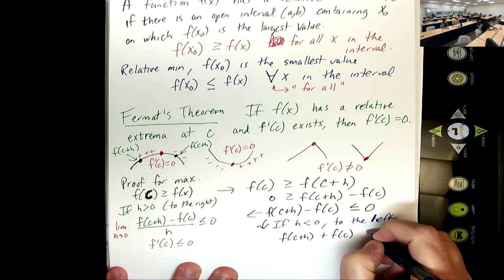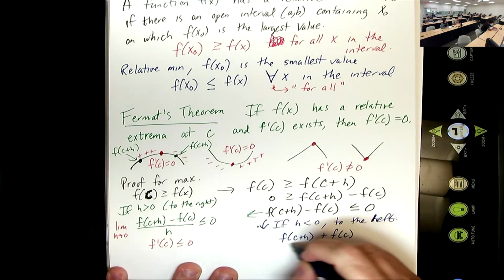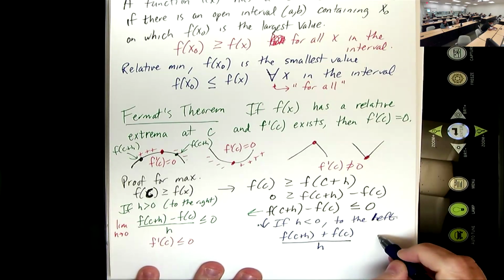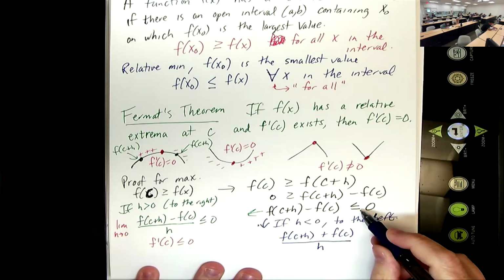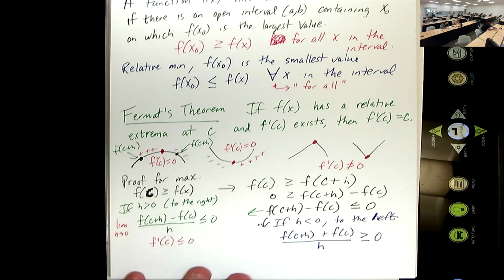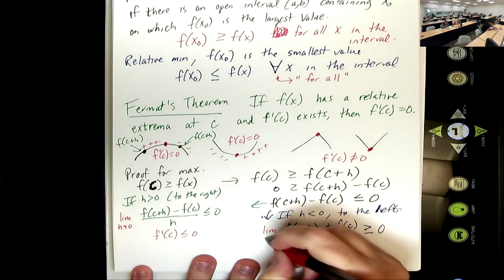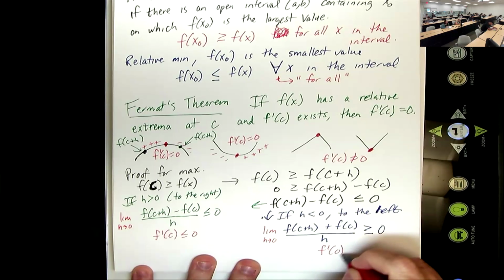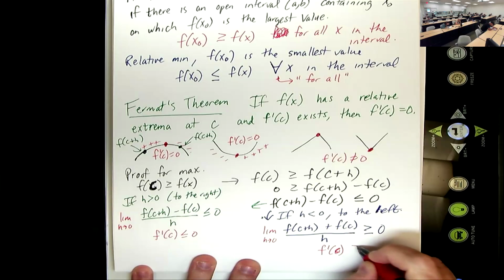This was less than or equal to 0. If I divide by a negative value, what happens to this inequality symbol? It flips. And we'll do the limit here as well, and we get f prime of c is greater than or equal to 0.